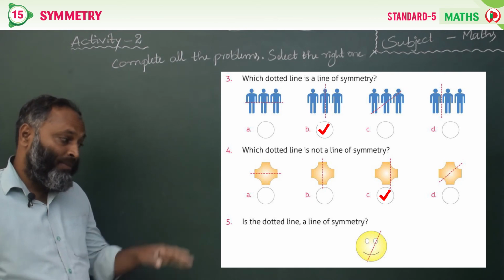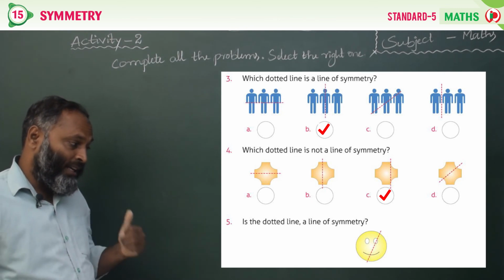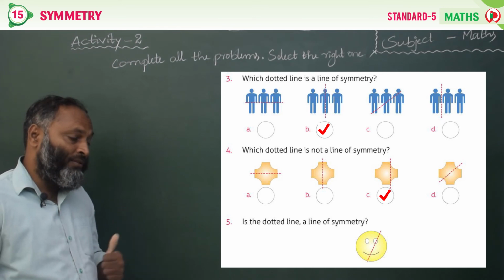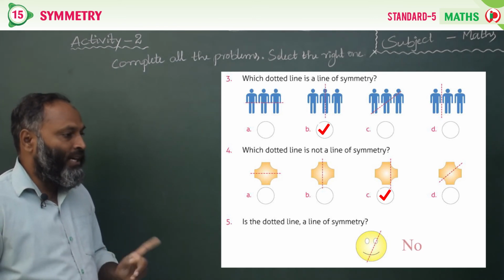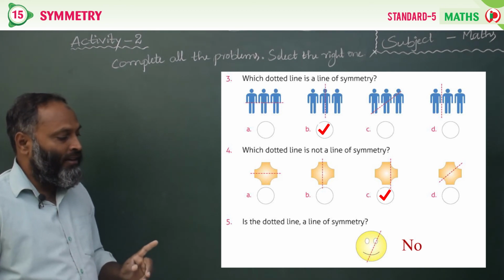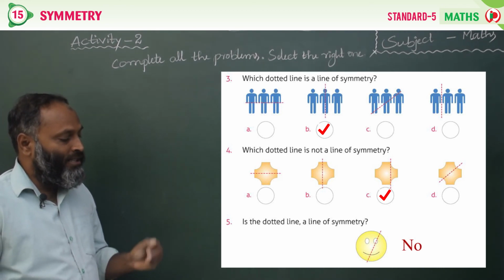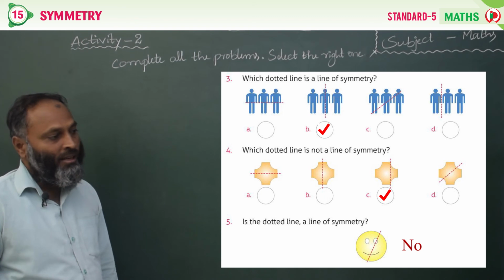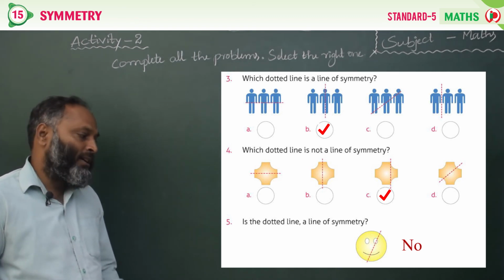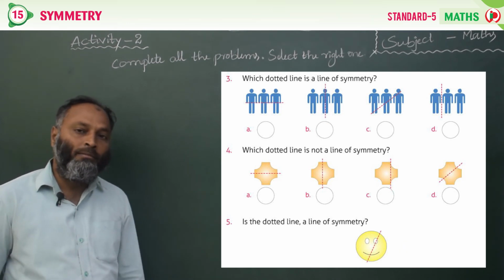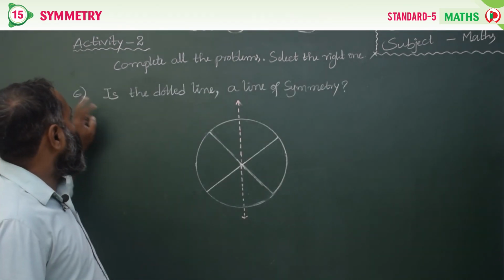But here the slanting line is not divided into two equal halves in the smiling face. So here no is the right answer. The line which divides the smiling face is not a line of symmetry. Answer is no.